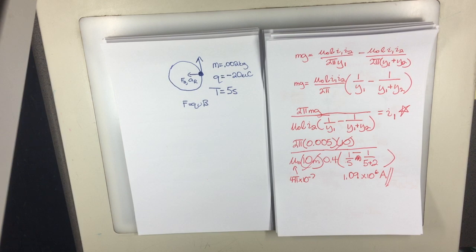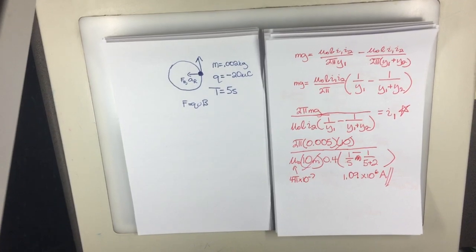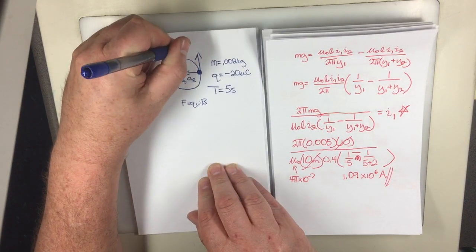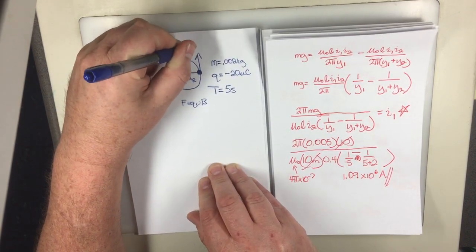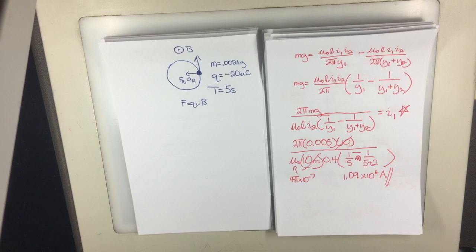In this particular case, V is up, the B field has to be out, so that the negative of that value points in the direction that I want, because the negative particle is traveling counterclockwise. So the B field is pointing out.